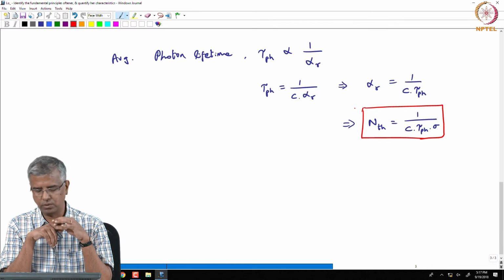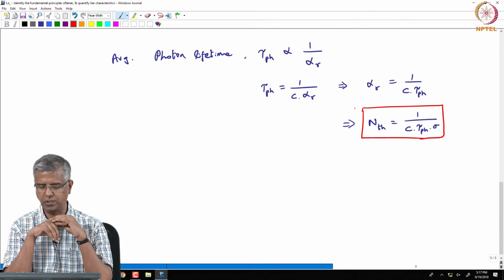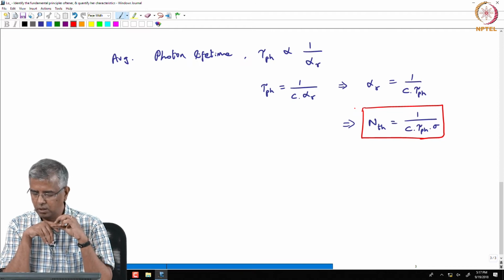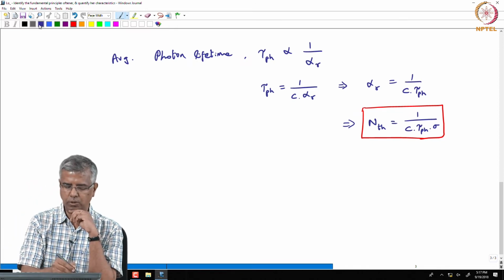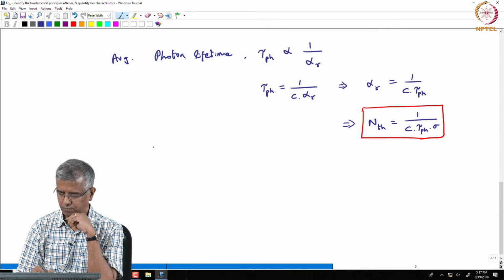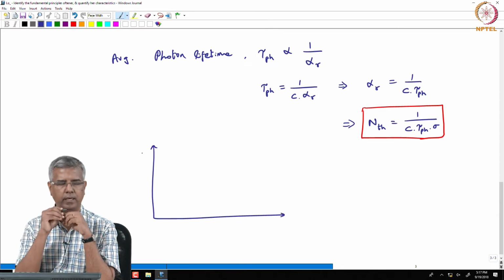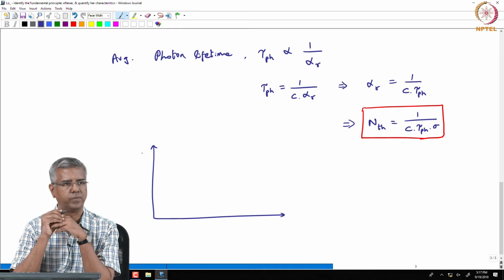Okay. So, can we just try to visualize it? To visualize it, what we actually need to look at is the saturation of the gain.